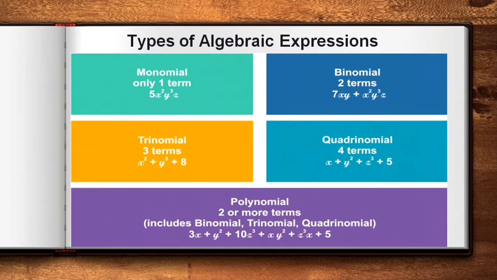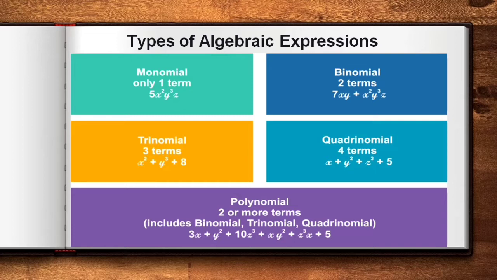Now let's move on to types of algebraic expressions. Based on the number of terms in the expression, the algebraic expression is classified as monomial, binomial, trinomial, or in general polynomial. Monomial is an algebraic expression with only one term. Mono stands for one.